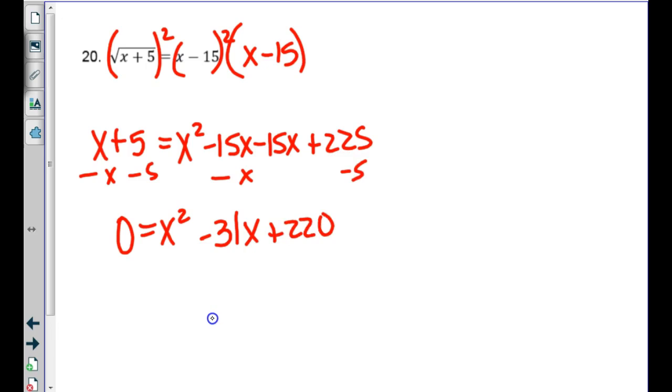Yep, I don't know. 10 times 22 doesn't work. Does 9 or 8 go in there? Four.